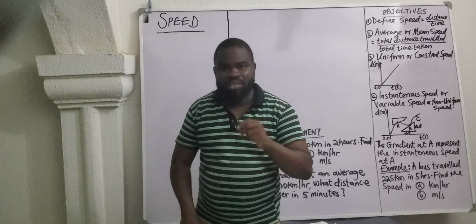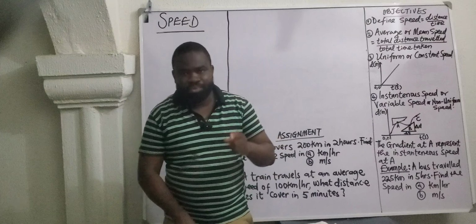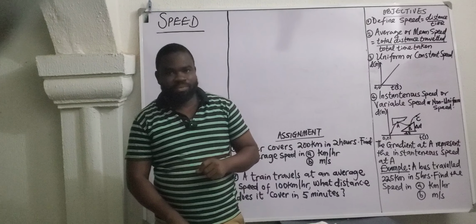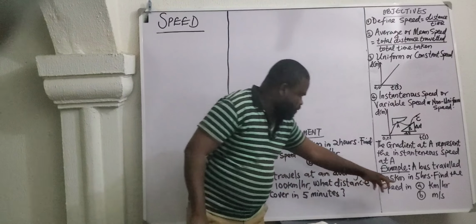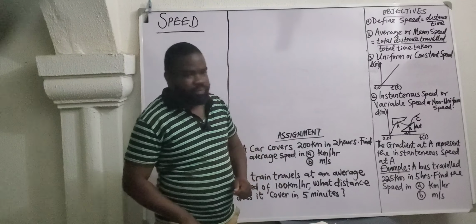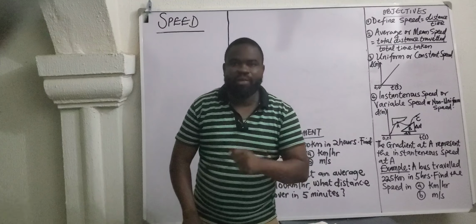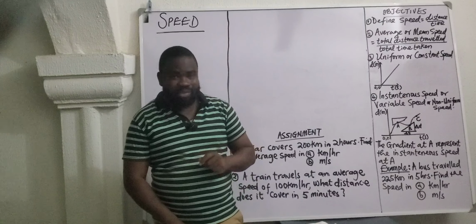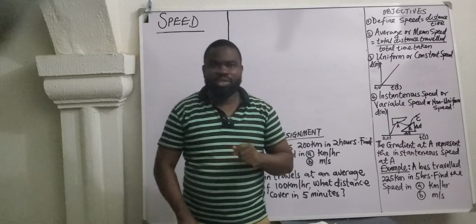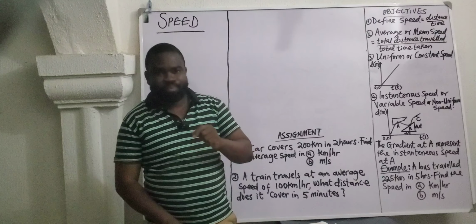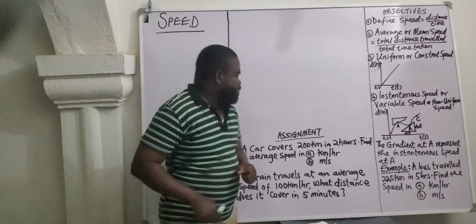Speed has its SI unit as meter per second. But there are other units of speed such as kilometer per hour or centimeter per second. However, the SI unit of speed is meter per second.